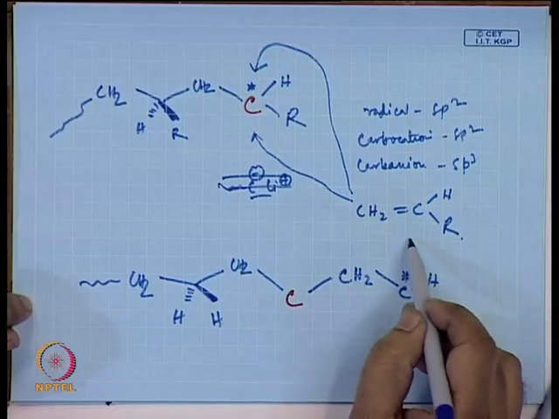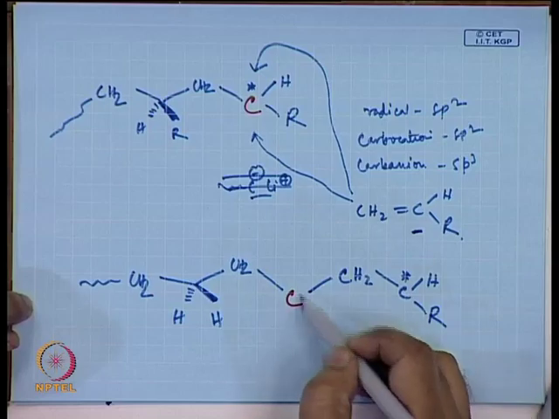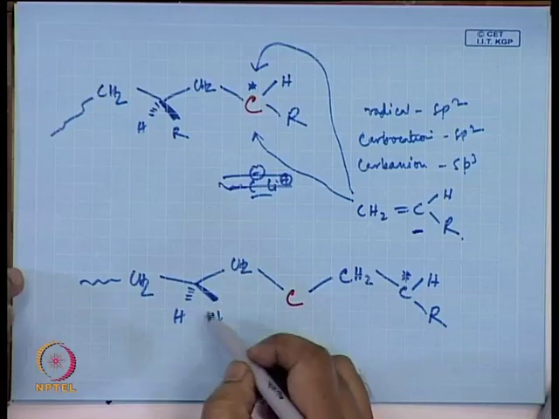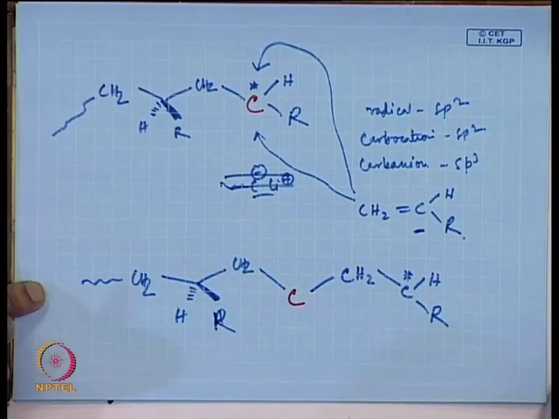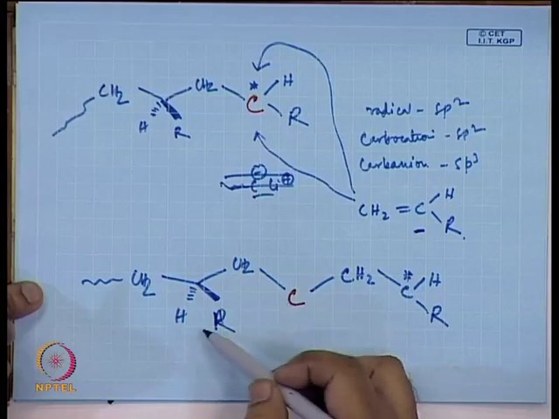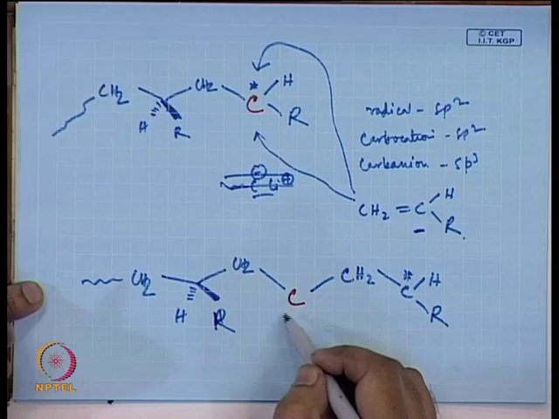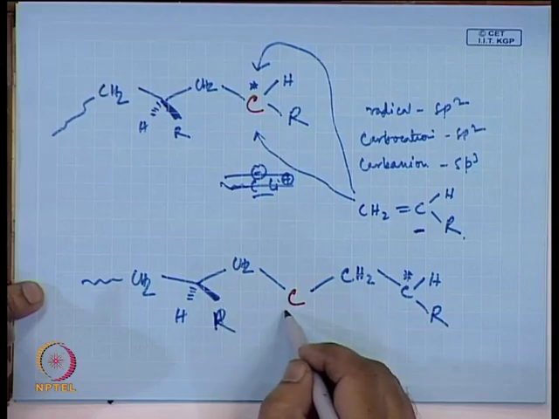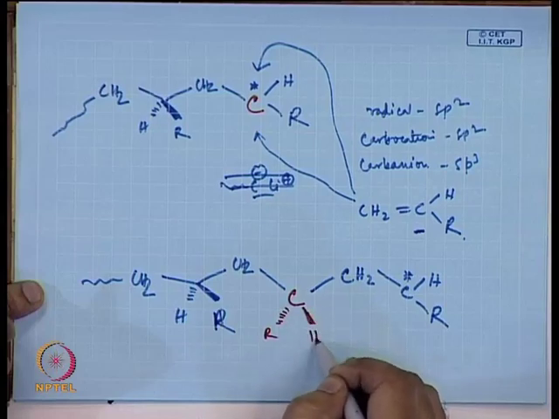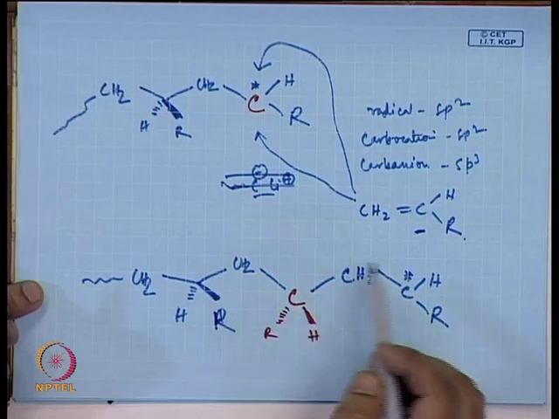This is the monomer which I have written here at the end now. So, for the configuration of this carbon, on which side will the hydrogen and R come? Obviously, R is up, so R will prefer to be down and hydrogen will prefer to avoid the steric hindrance. Okay.